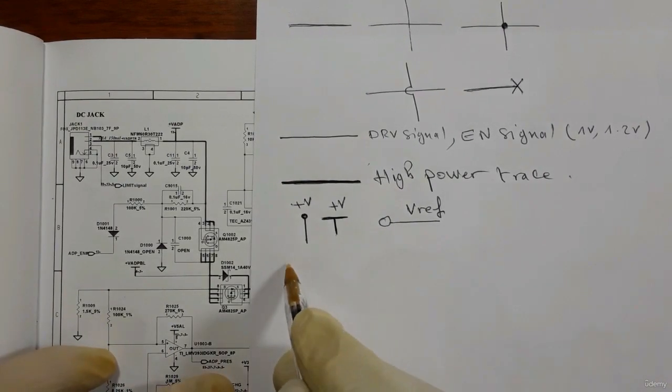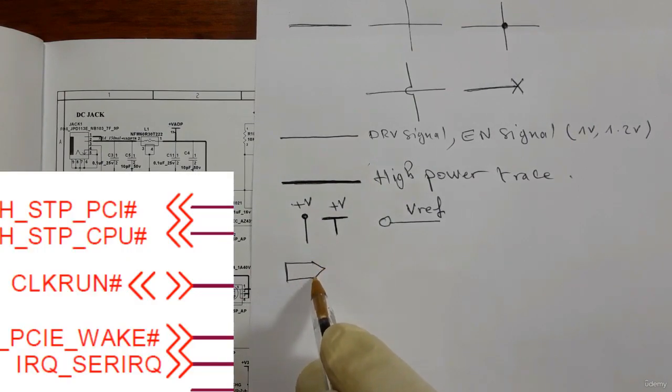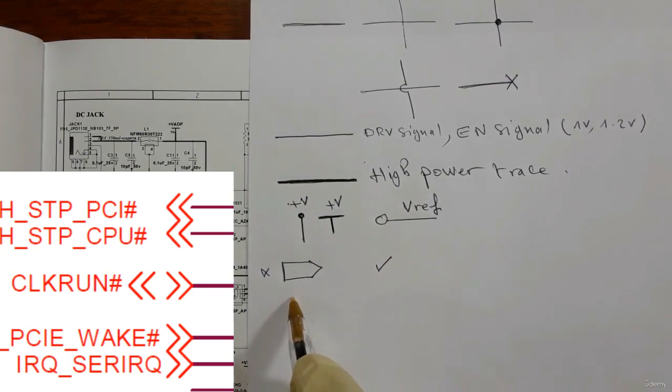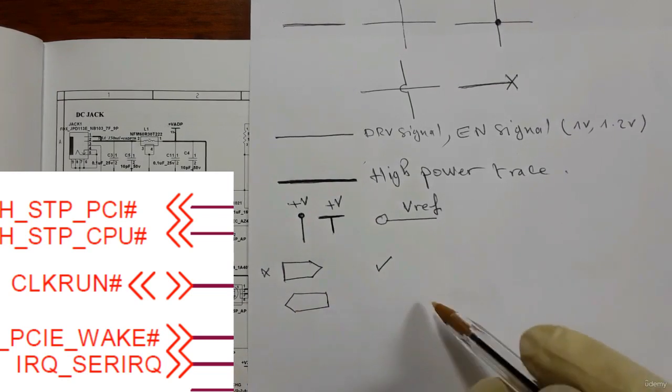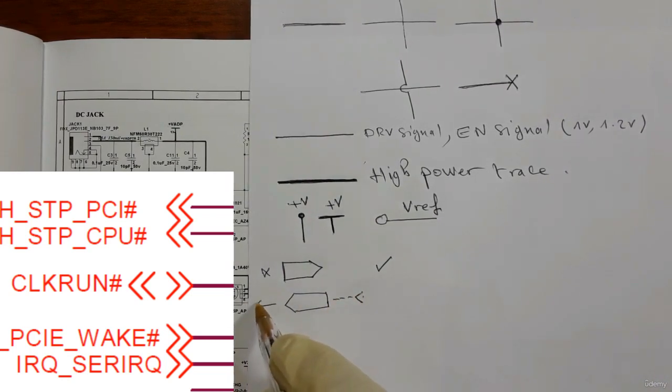For this form, as you can see, the signal is coming from this direction to this direction. And if you find it like this, it is the opposite, from here to here.